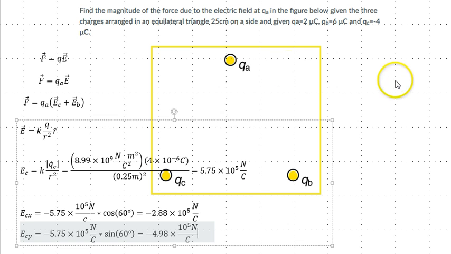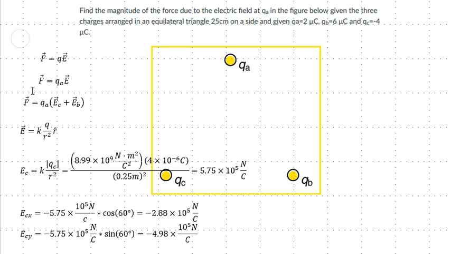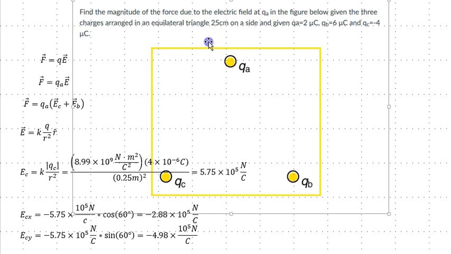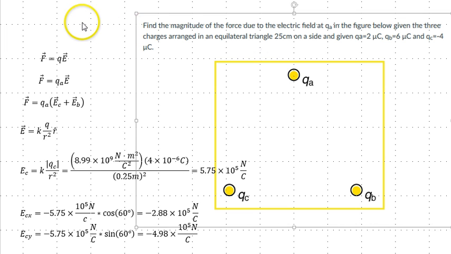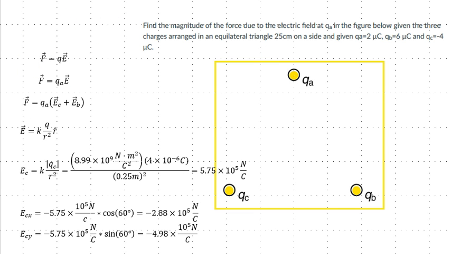Okay, so what have we done? We started off by looking at the electric field. We knew we needed the electric field because the force is QE, and the force is Q_A times E_C plus E_B, where E_C is the electric field due to C and E_B is the electric field due to B. We looked at the electric field equation, kQ over r squared r hat, where r hat points away from the source charge.